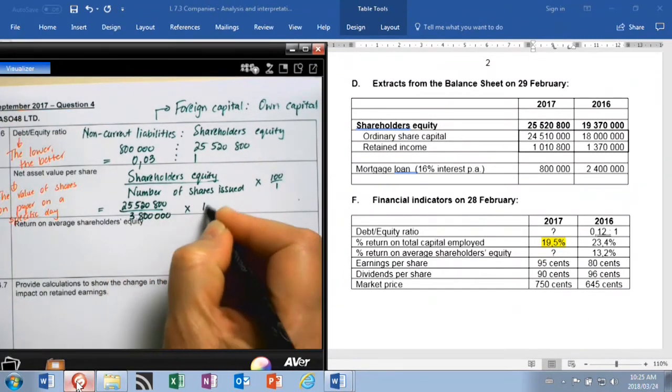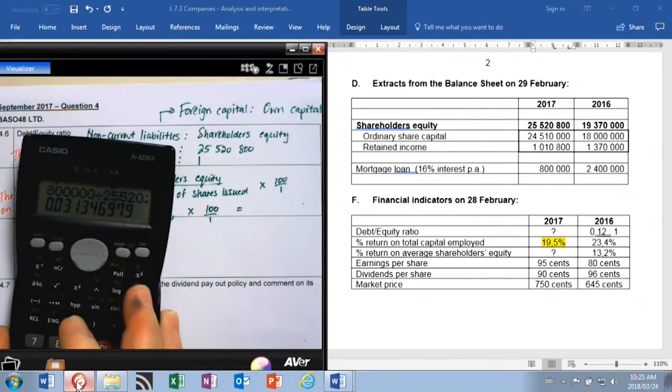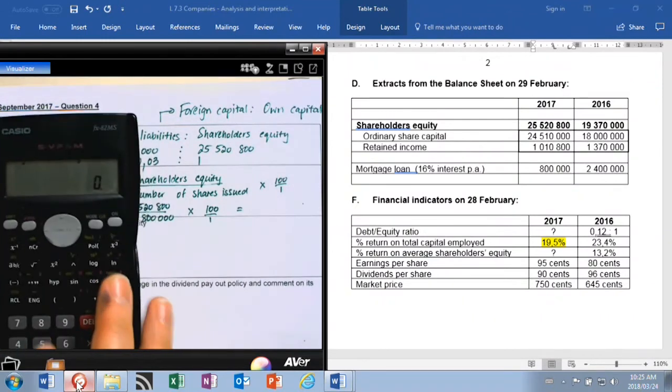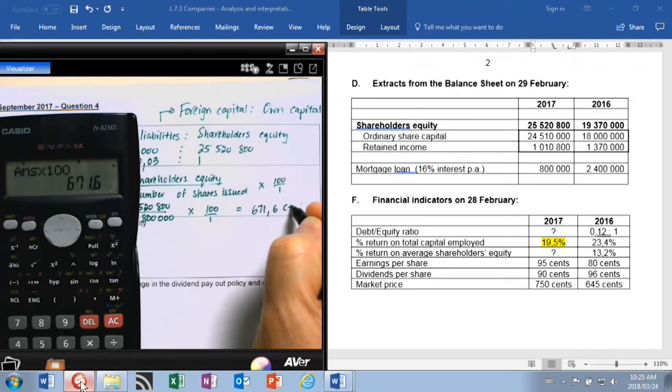We say times 100 over 1, and that gives us 255,20800 divided by 3,800,000 shares times 100. That gives us 671.6 cents. 671.6 cents per share.